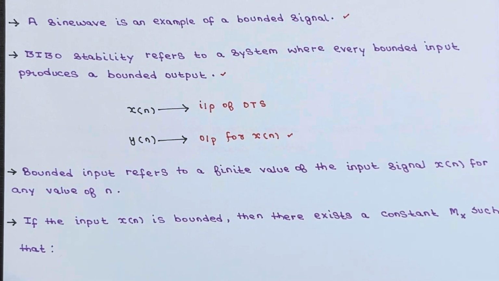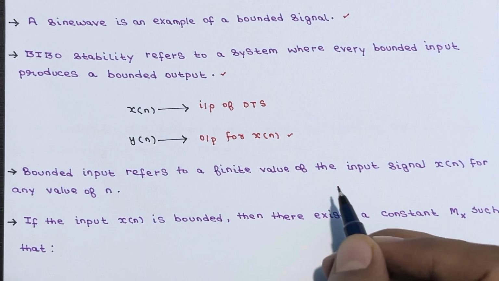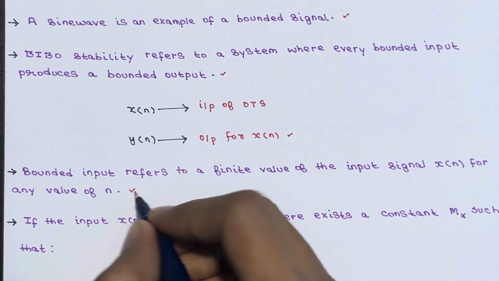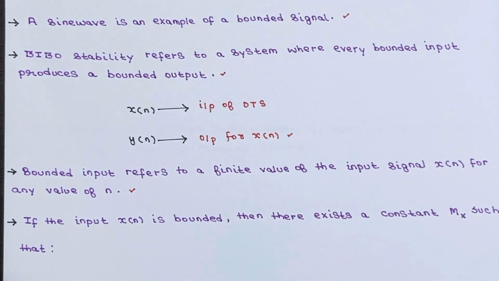These two terms you should be aware of. So what is bounded input? Bounded input refers to a finite value of input signal x of n for any value of n. It is simple, straightforward. Fine.